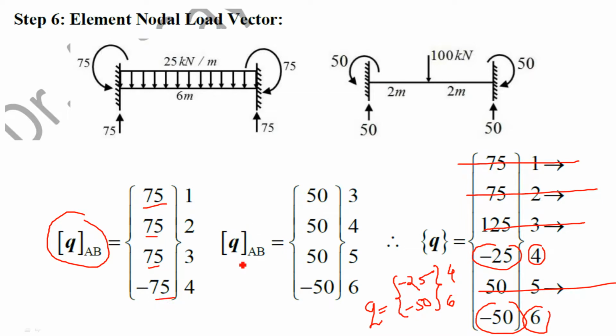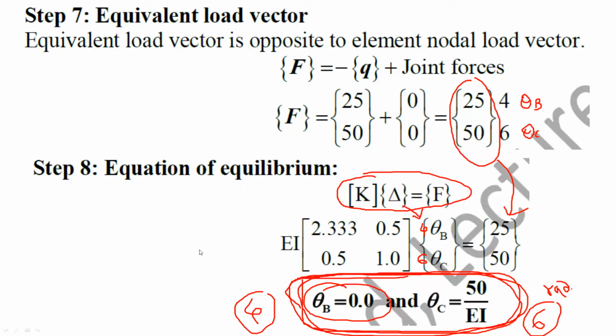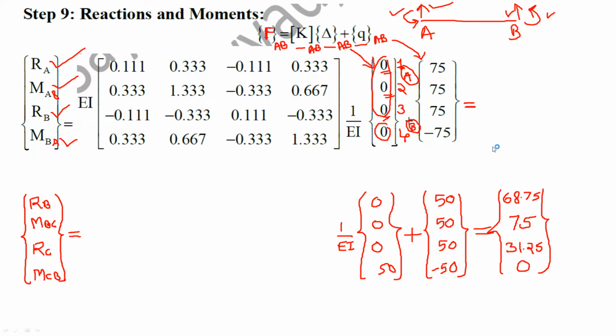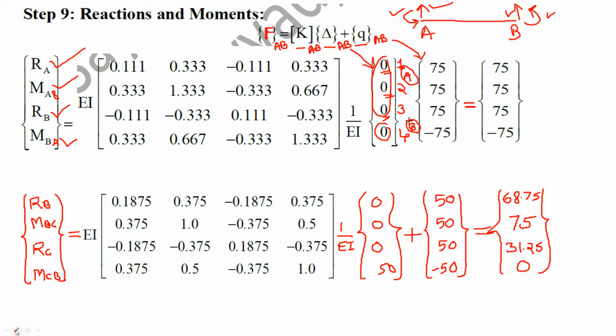And this is q of BC, the element nodal load vector of BC: 50, 50, 50, minus 50. So this small q is used in the last step. These are all the matrices. Now finally we have to multiply K into delta first.